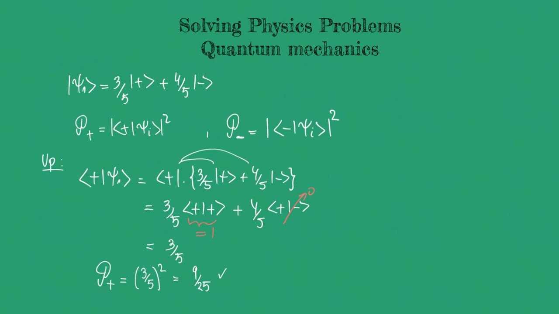Similarly, we can calculate the probability of finding spin down. So I'll do the same. I'll start by calculating the inner product, bra minus ket psi1. Here we have bra minus, that multiplies 3/5 ket plus, plus 4/5 ket minus.